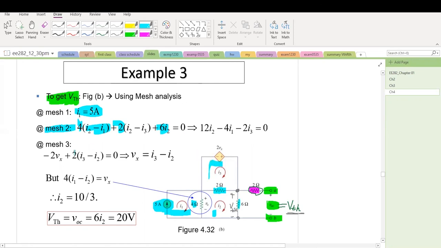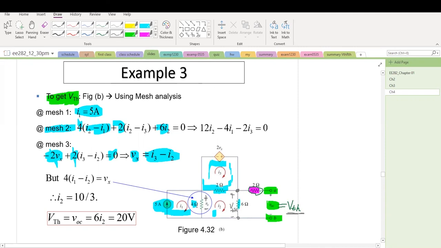Mesh 3, minus 2Vx, and then 2 ohm, I3 minus I2. Come back, that equals 0, and then Vx equals I3 minus I2. Get rid of this 2, get rid of this 2. But what is Vx? Remember, there is a sign here. This is a plus sign. This is a negative sign.